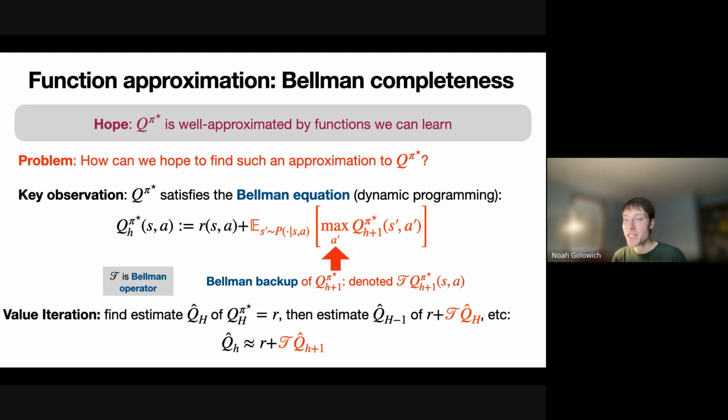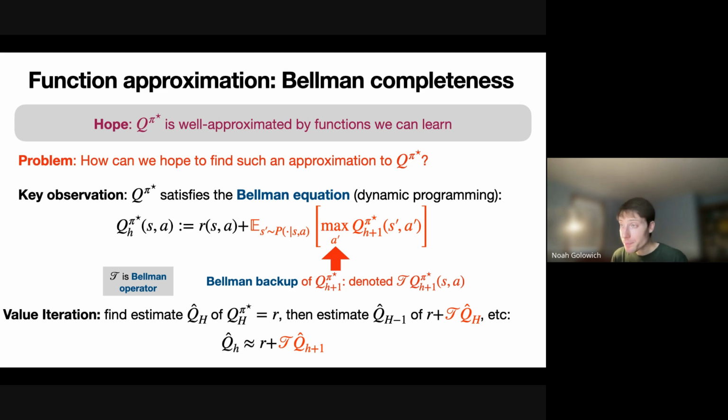First, we want to find an estimate q hat capital H of the value function q pi star at the final step capital H. Then at each step inductively from capital H down to step 1, we're going to estimate a value function q hat h given our estimate of the value function q hat h plus 1. Our hope is that we can estimate this so that q hat h is roughly equal to the reward at step h plus the Bellman backup applied to q hat h plus 1. This is the equation shown at the bottom of the slide.